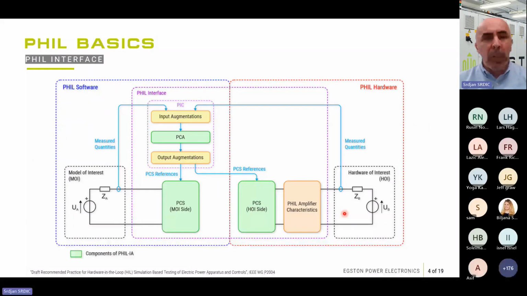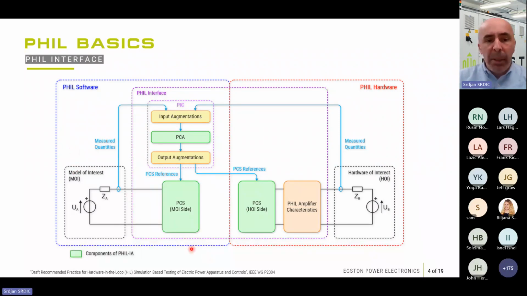This is how a typical system of interest or power HIL setup looks like. This is a block diagram, and you can see here that we have the P-HIL software and P-HIL hardware, and in between we have the P-HIL interface. Hardware of interest is part of the hardware, and the model of interest is within the P-HIL software.